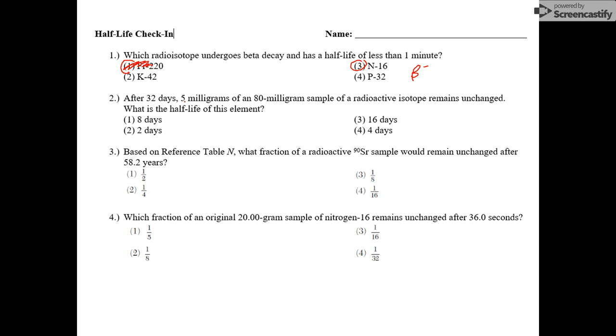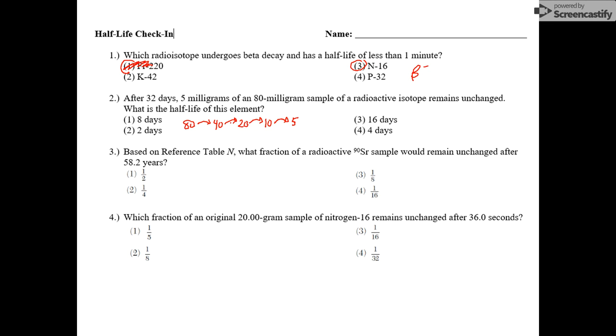After 32 days, 5 milligrams of an 80 milligram sample remains unchanged. What is the half-life? Okay, so we're going to have to make a chart. We start with 80, and then after one half-life, we've got 40, and after two half-lives, we've got 20, and after three half-lives, we've got 10, and after four half-lives, we've got 5.